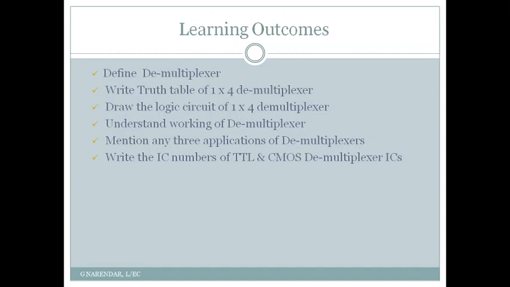The student should be able to write the truth table of the 1 to 4 demultiplexer and draw the logic circuit using basic logic gates of the same, mention certain important applications of the DMUX, and should be able to identify the TTL and CMOS demultiplexer ICs by IC numbers.